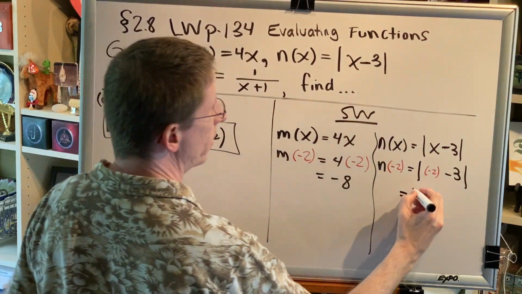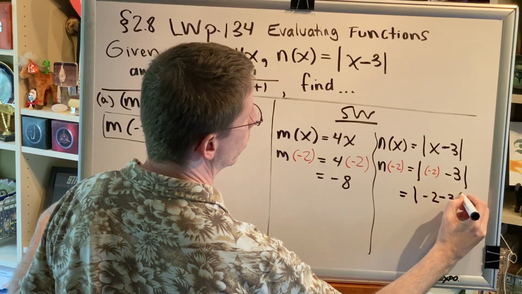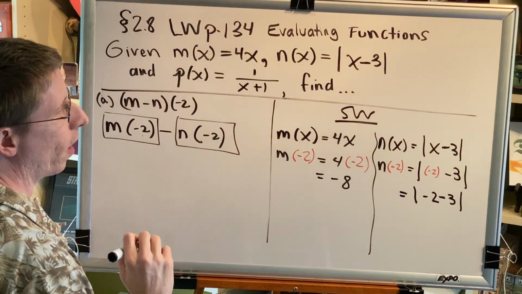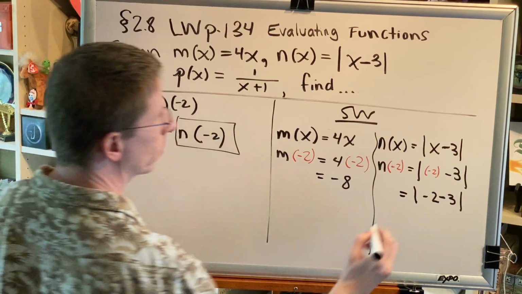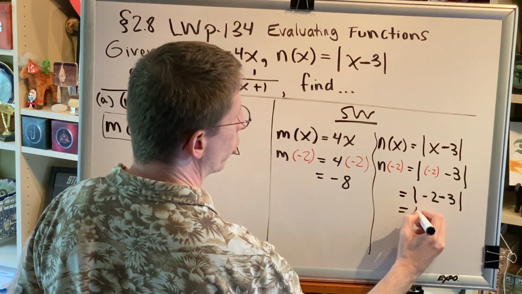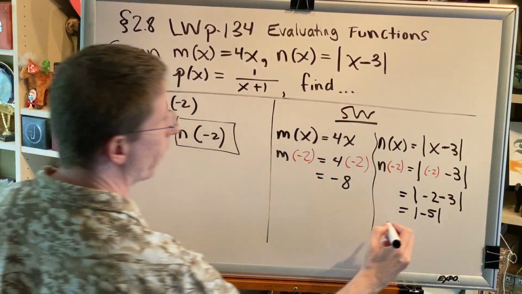These parentheses are unnecessary and can be dropped. They don't have a multiplier out front, a subtraction sign out front, or an exponent. Absolute value is a grouping symbol. We work inside first, then take the absolute value.